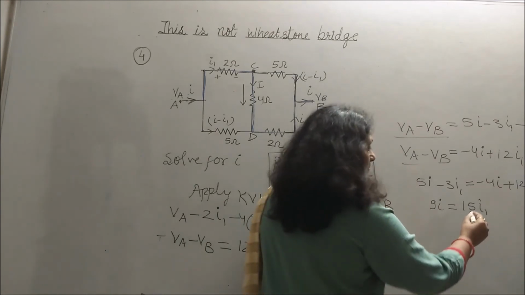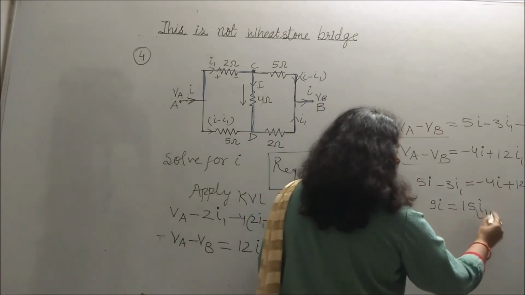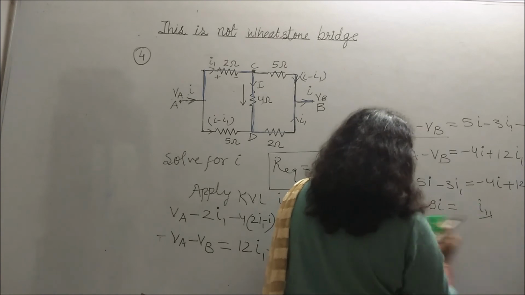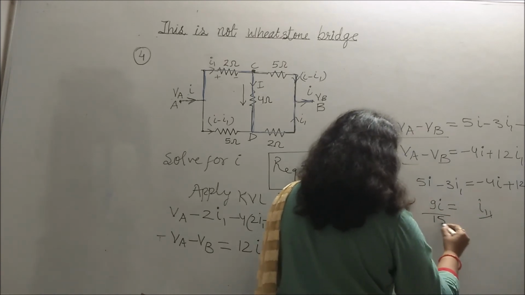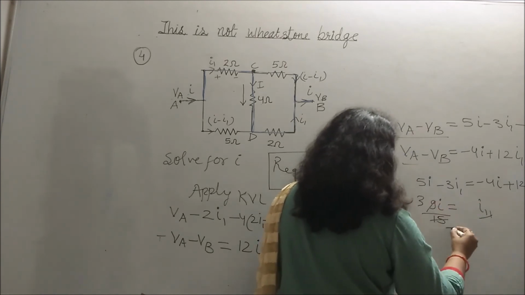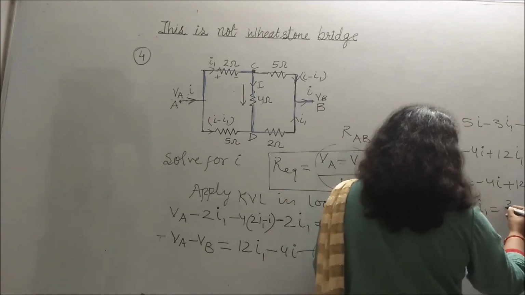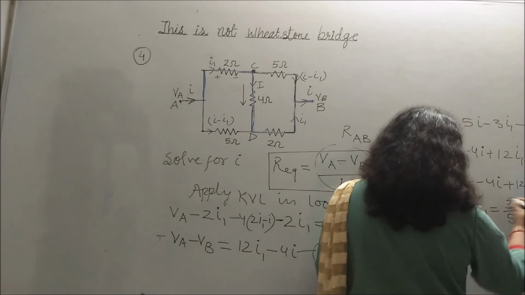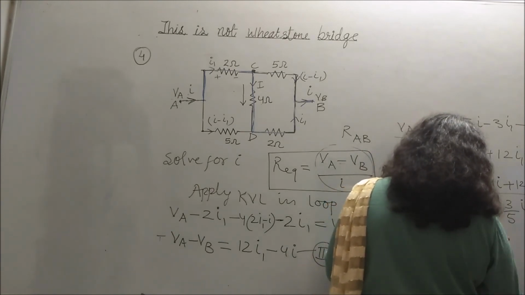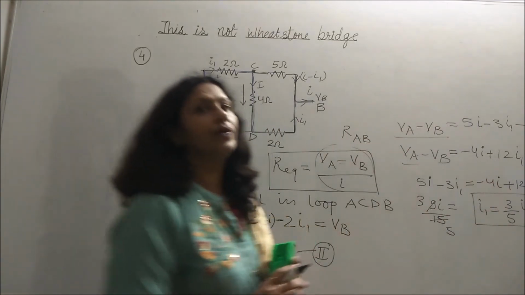So I1 will be 9 by 15, that is 3 by 5. So I1 is equal to 3 by 5 I. So we got the value of I1 in terms of I.